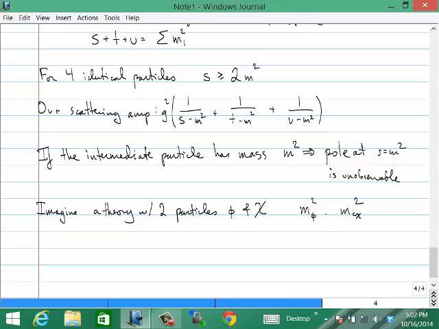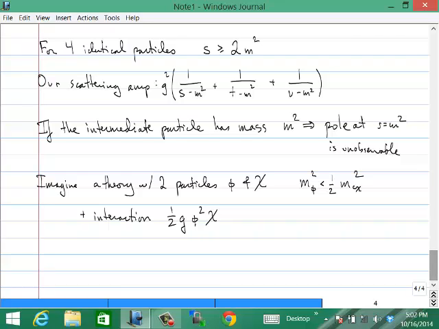In particular, I'll assume that m phi squared is less than 1/2 m chi squared. And we have an interaction where 2 phi particles can join together to create a chi particle. So you have a cubic interaction of this sort.